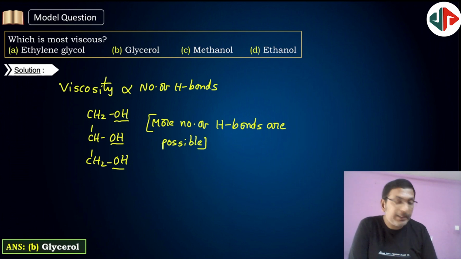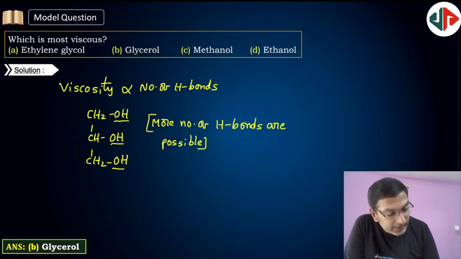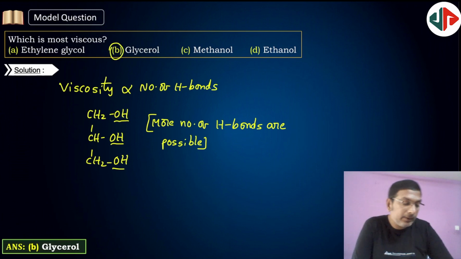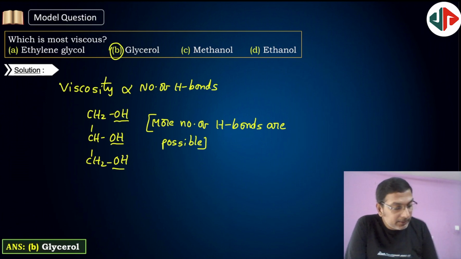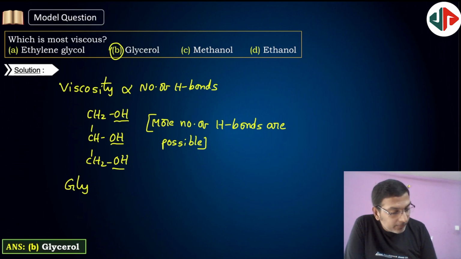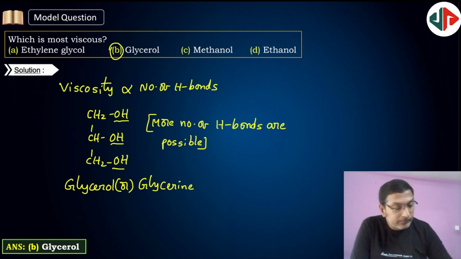Therefore, viscosity is more. Option B. The more the number of OH groups, the more the number of hydrogen bonds. So this one is glycerol or glycerin. Very important.